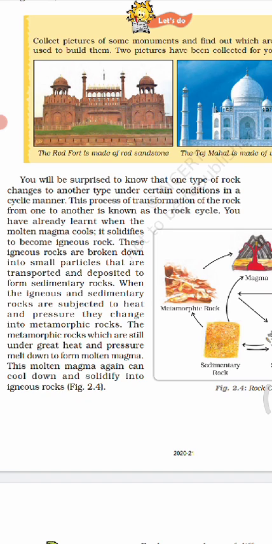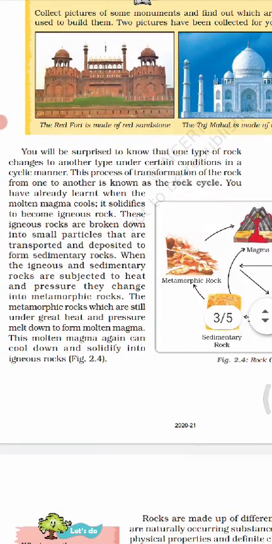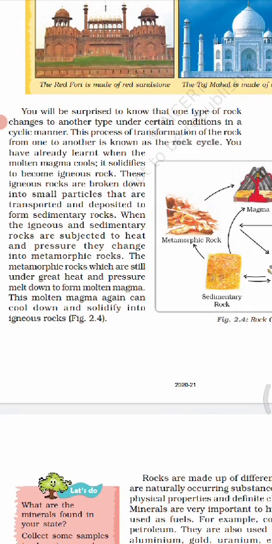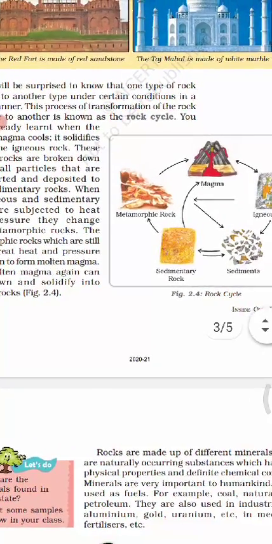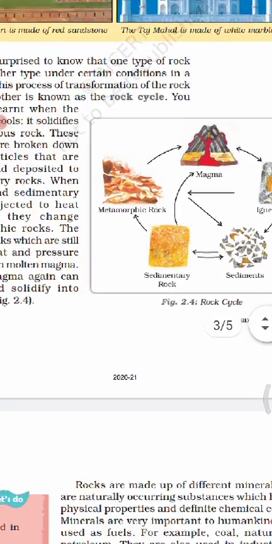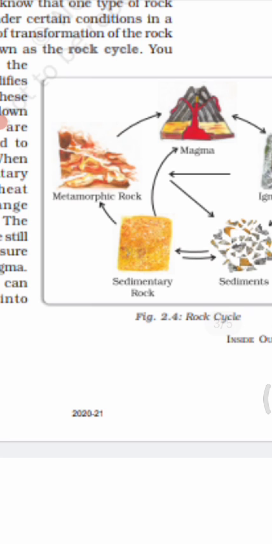The metamorphic rocks, which are still under great heat and pressure, melt down to form molten magma. This molten magma again can cool down and solidify into igneous rocks. Now see, the journey of rocks starts from the molten magma.